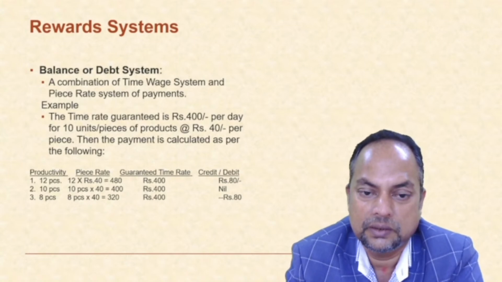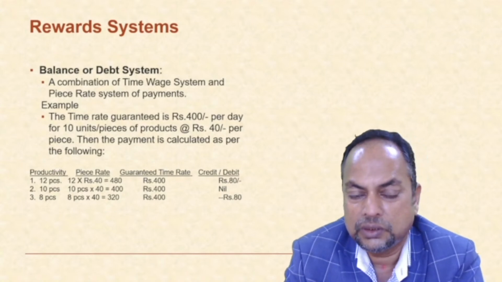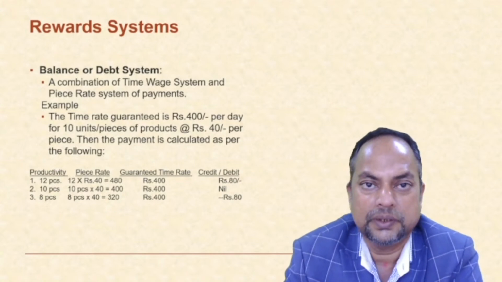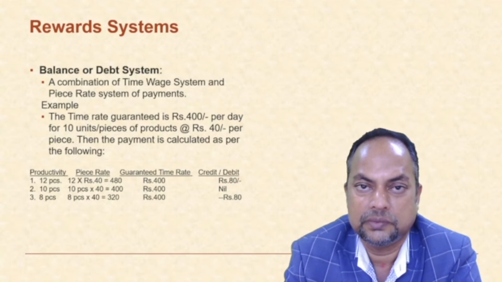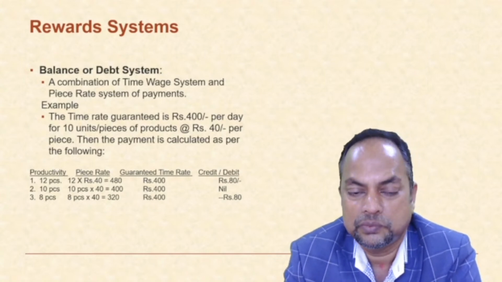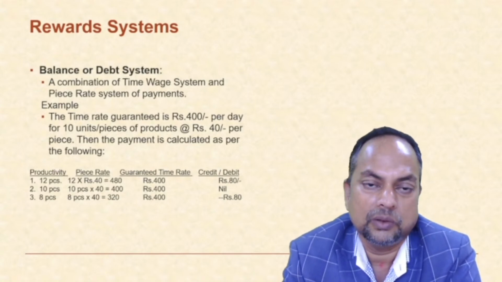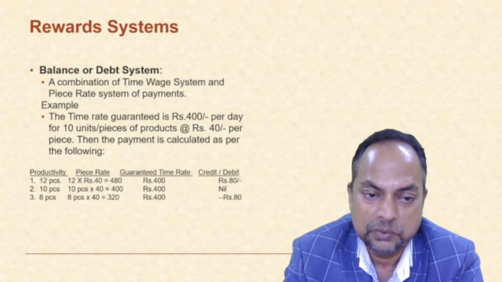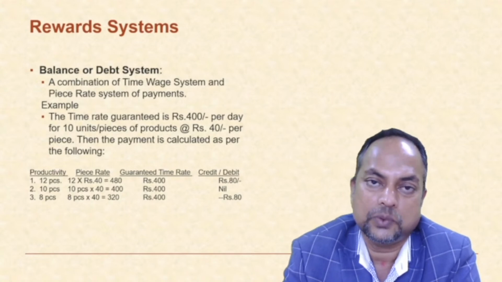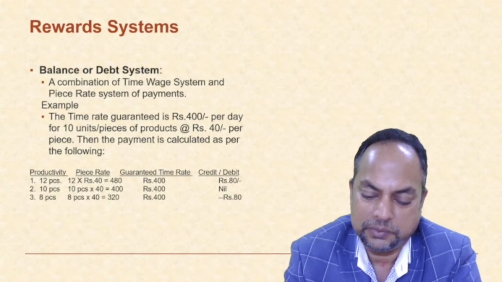So what will happen here? The worker will be paid 400 rupees only, with a minus 80 rupees in the worker's account itself, which can be recovered. So the minimum wage is guaranteed as per the time rate system, and the additional incentive is given as per the piece rate system.